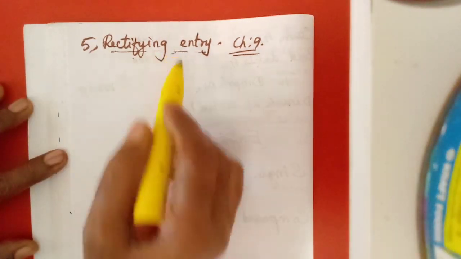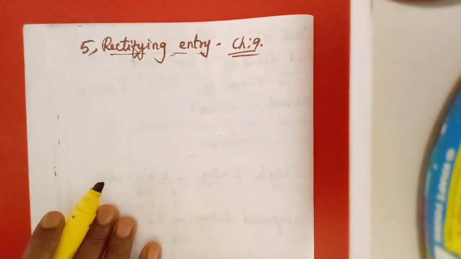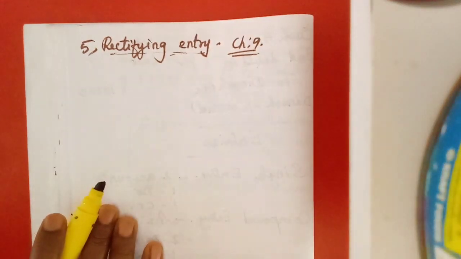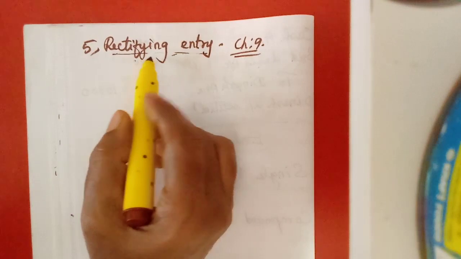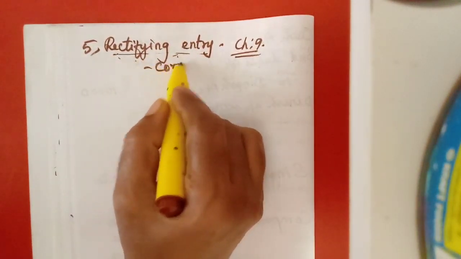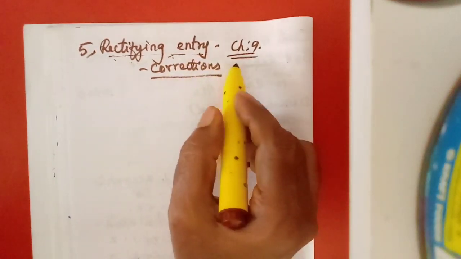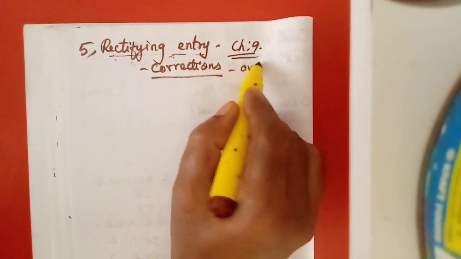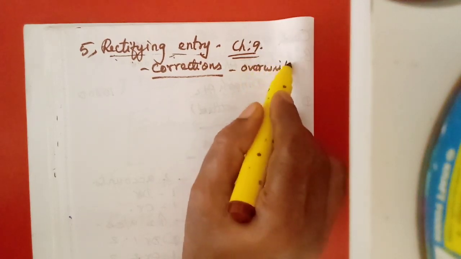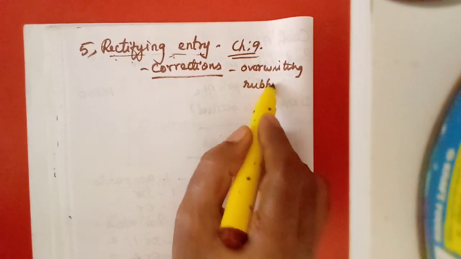Understand? So this also we will learn in chapter 9. If we find any mistake, we cannot correct it at the stage of the trial balance or ledger account. By writing one entry only we can make corrections in the books of account. We should never do overwriting, rubbing and writing.